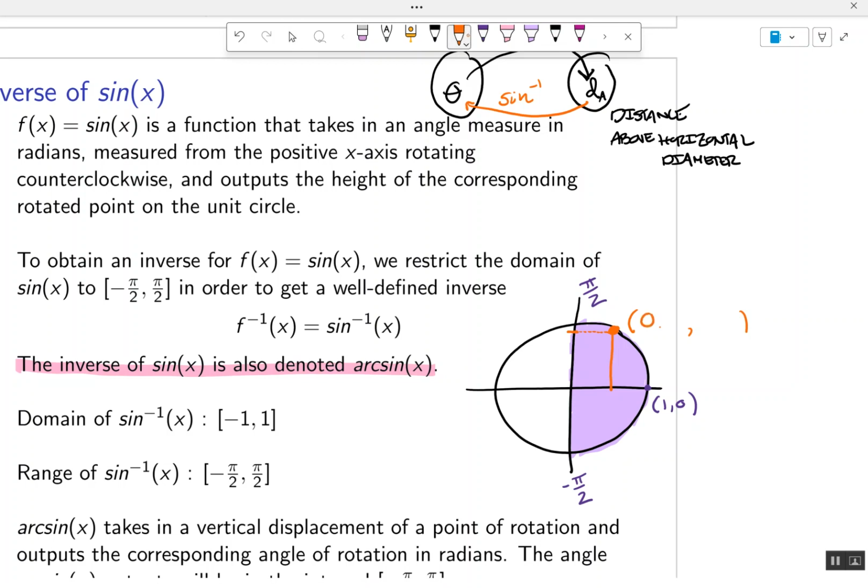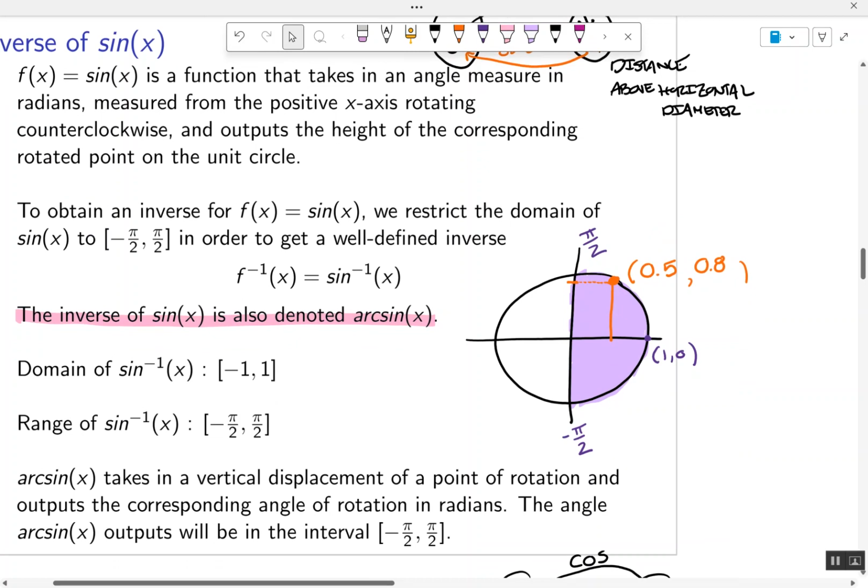The distance to the right is about 0.5, and my distance above, well, what percentage of the way there would you say this is? Something like 0.8? Okay, something like that. So I can say here that sine inverse of 0.8 is this angle measure right here.